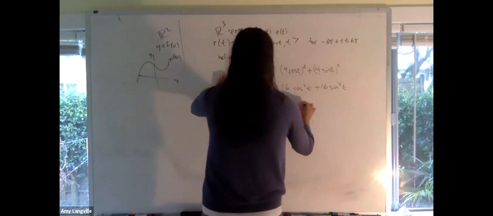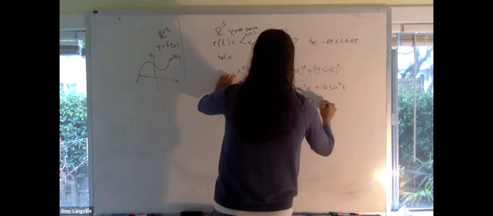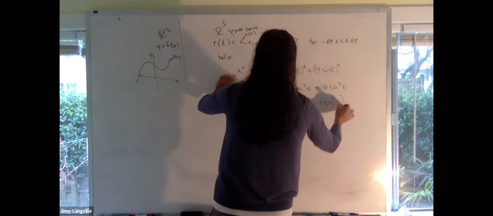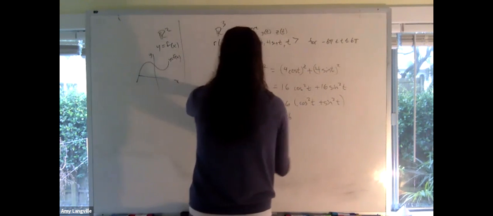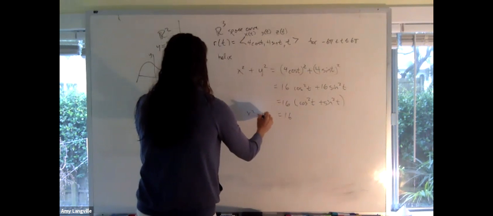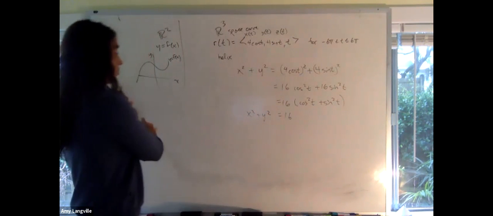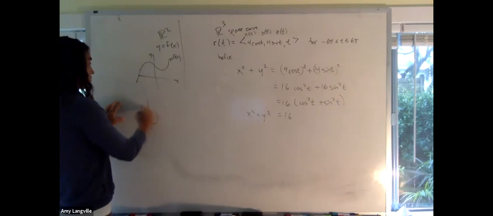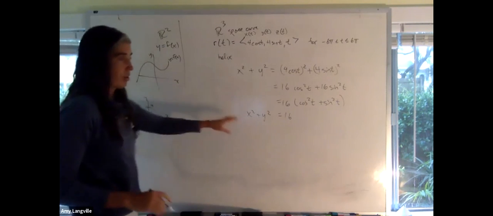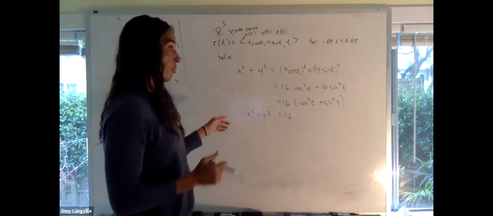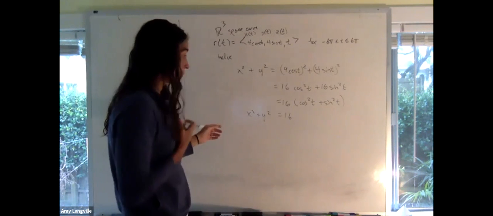Pull out the 16: cosine squared t plus sine squared t, which is 1, so that's 16. So really we have x squared plus y squared equals 16, which is what? From R2, back over here, we would have said, okay, that's a circle with a radius of 4. A familiar curve that you remember from R2.